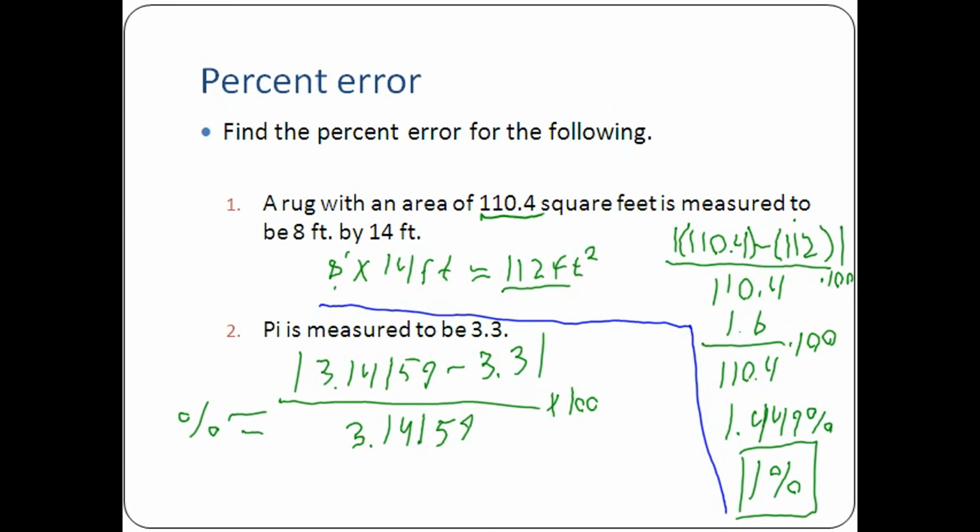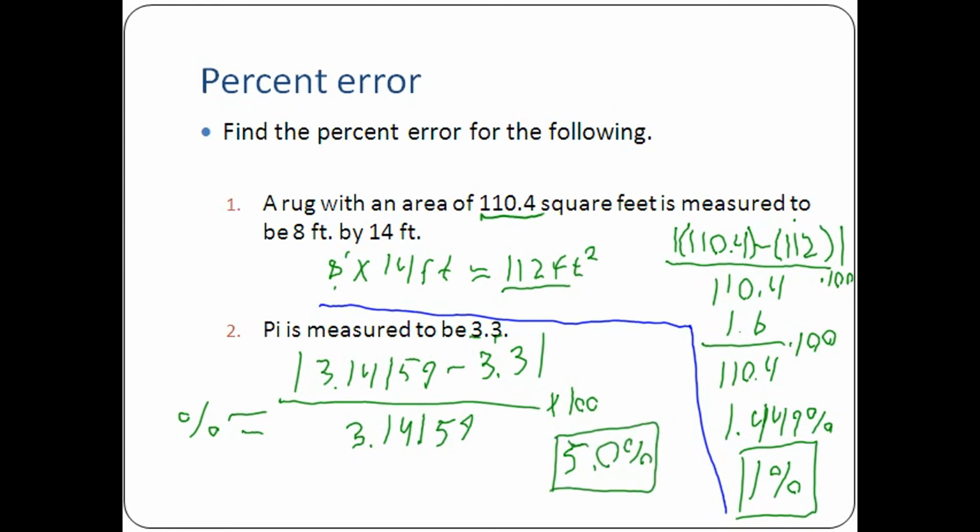And so when you do that, you should end up getting a total of 5.04, which, because our original number here had 2 significant figures, our final one's going to end up with 2 significant figures, and so we have 5.0% error is what we get on that.